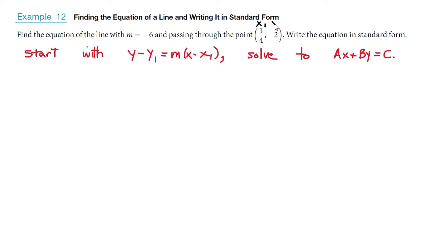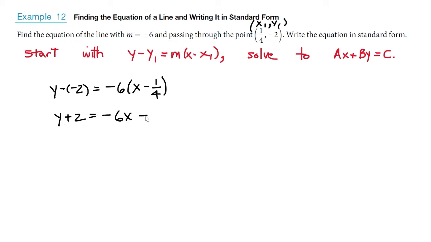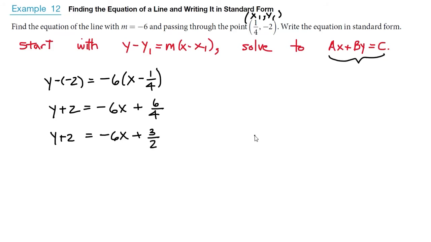So x1, y1. Let's start with the point-slope form. y minus y1, y subtract -2 equals a slope of -6, and x subtract 1/4. So that's going to give us y plus 2 equals -6x plus 6/4. So y plus 2 is equal to -6x plus 3/2. What I'm going to do is add 6x to both sides, and subtract 2 from both sides.